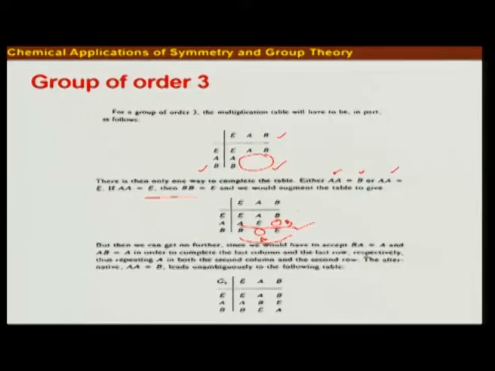But when you look at the column side, you have the repetition of the same element. In the second one you have A twice, while here you have B twice. That is completely disallowed. So that means we cannot have the condition AA equals E or BB equals E. Then what are we left with?